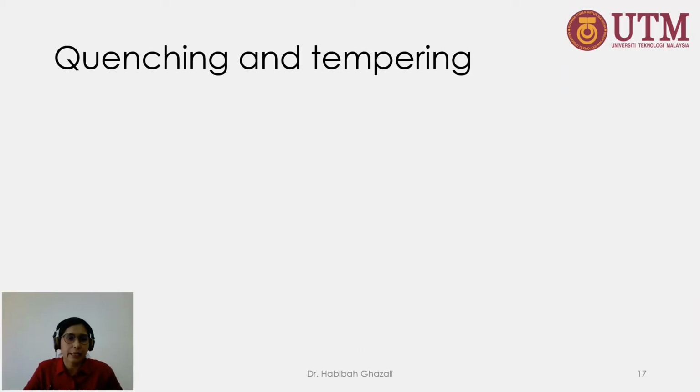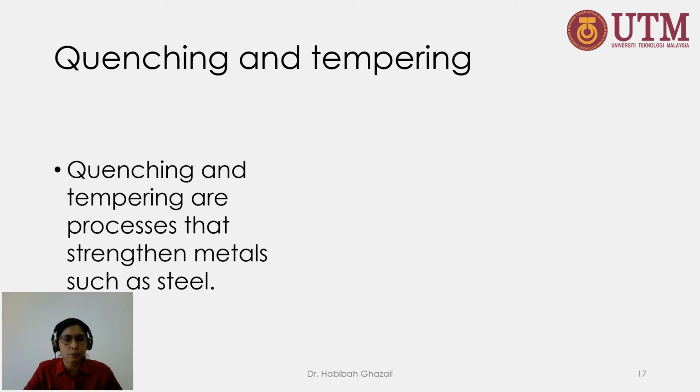And finally, let's have a look into quenching and tempering. So this is a two-stage heat treatment process. So it's always with the aim to strengthen or to harden steel. So it's not for processing anymore. It's to get the final microstructure. Either we want it to be stronger or much harder.